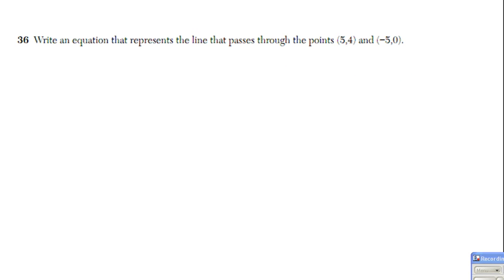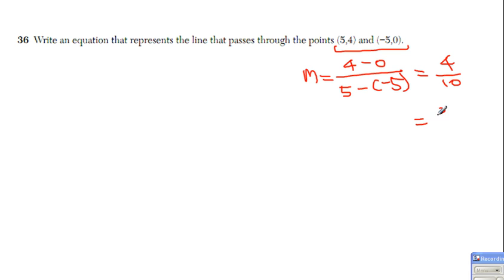Number 36. Now we're looking for the equation that passes through these two points. So first, let us try to find the slope. Slope is 4 minus 0 over 5 minus -5. Then this becomes 4 over 10. We can simplify that to be 2 over 5 if you want to.